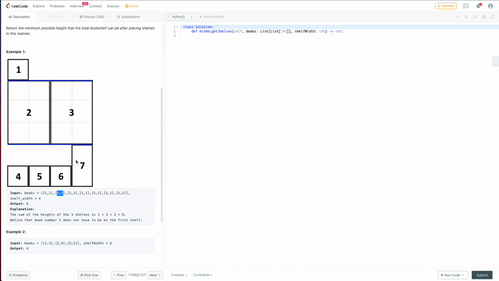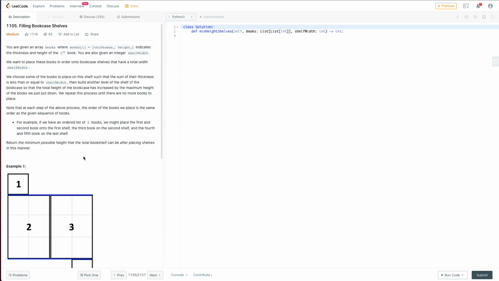Trying to come up with cases where greedy doesn't work. Suppose one had thickness 2. Doing 2 here would result in 3, 3 would result in 6, and then you can still fit 4, 5, 6, 7. Actually, hold on.